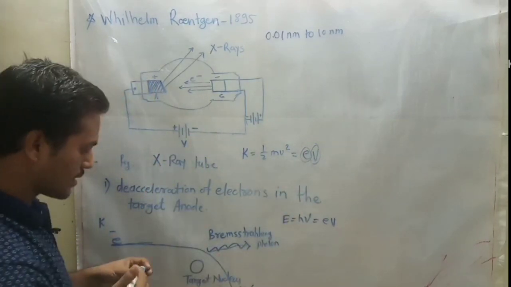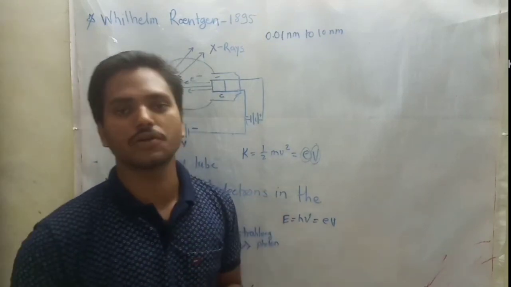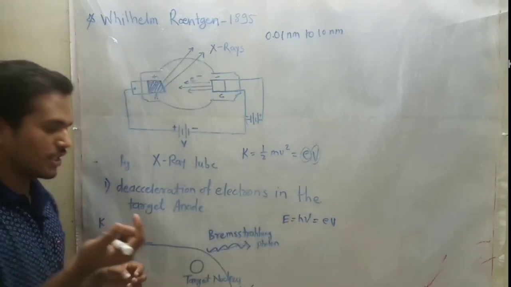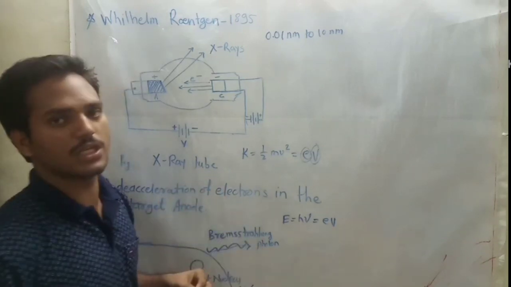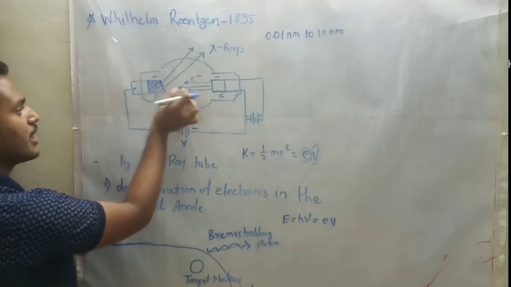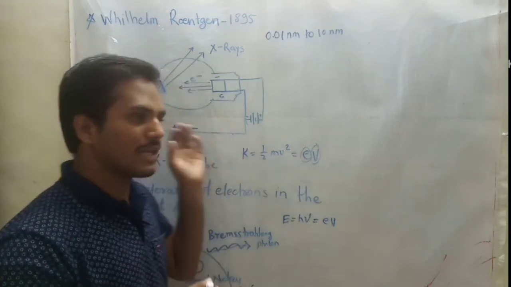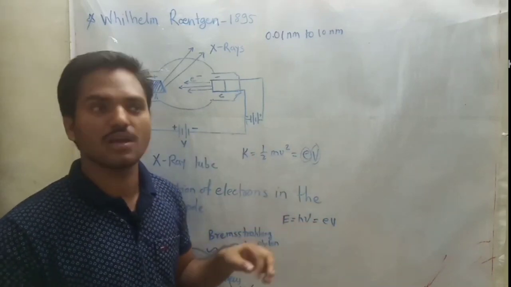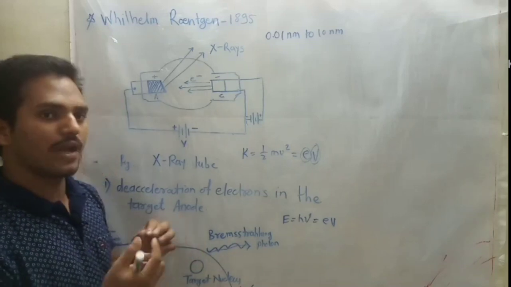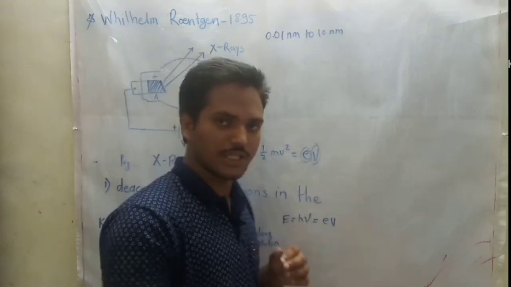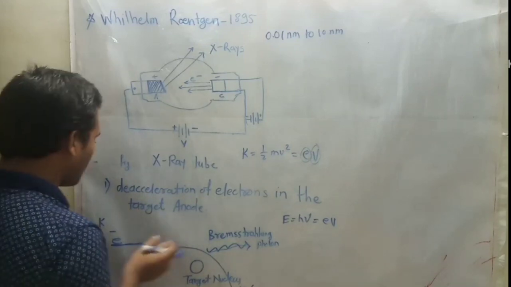Now in this case, not all of its kinetic energy is converted into photons. Some of the energy is converted into vibrational energy, because when these electrons strike the atoms, some of the energy goes into vibration of the atoms, and the remaining energy is converted into photons.